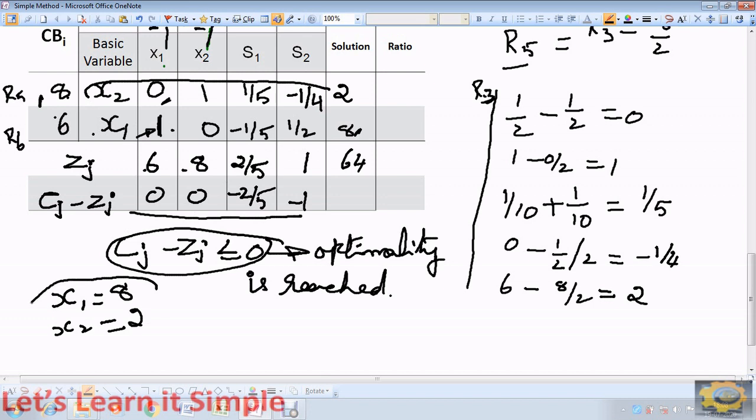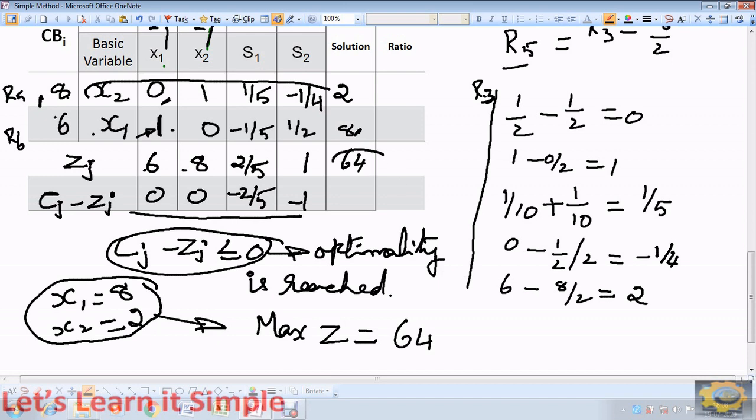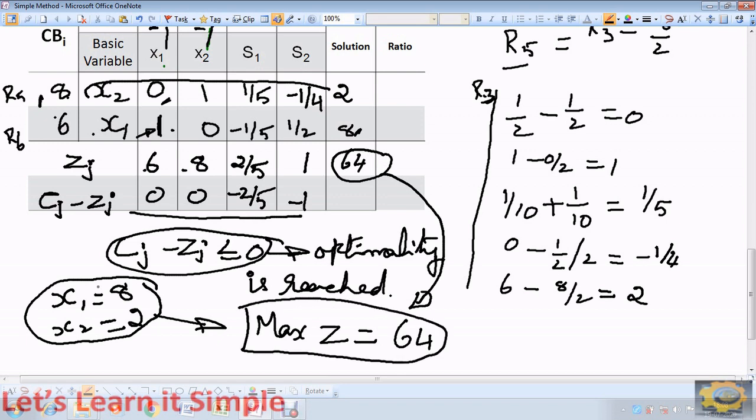Okay, so x1 equal to 8 and x2 equal to 2. This will give maximum Z. Maximum Z, which is 64 here. Okay. So this is the solution.